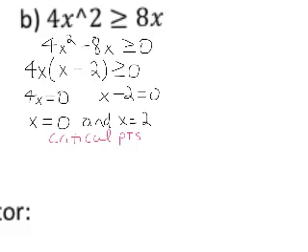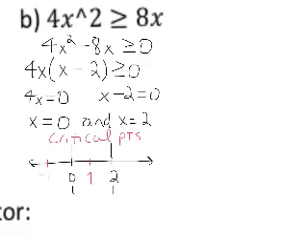Okay, so what I do with the critical points is I draw a number line with my critical points, and I create these regions. So these two critical points create 3 regions. And I want a test number in each region. So I'll let -1 be a test number, 1 another test number, and 3 be a test number.